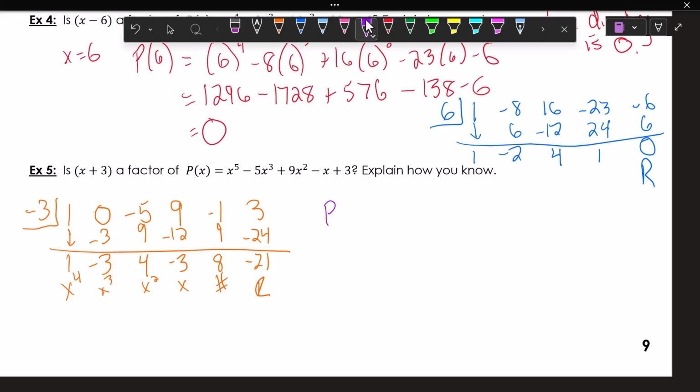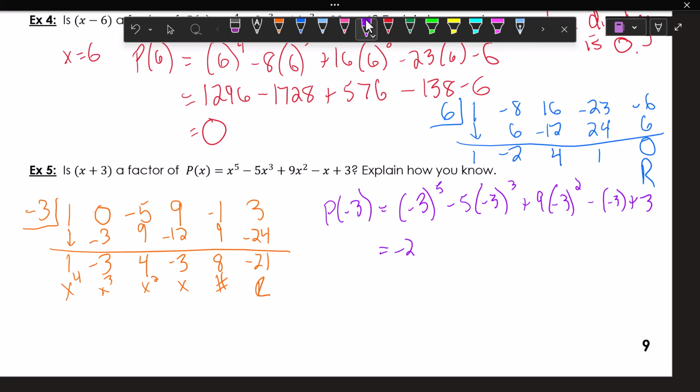But just to double check, we can substitute this in just like we did the last problem. And let's see if we get the same thing. Hopefully we do. So we'll go step by step through this. -3 to the fifth is -243.